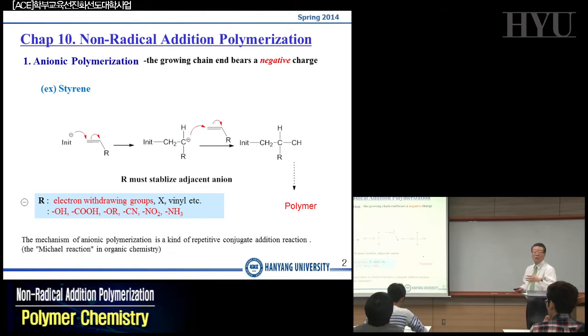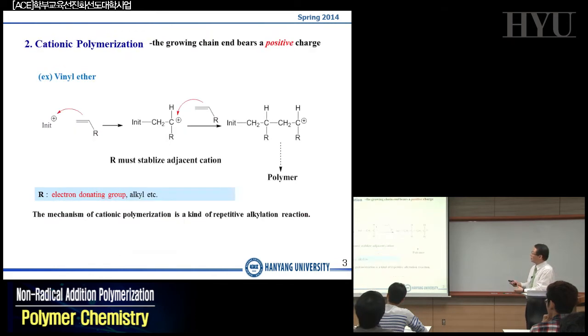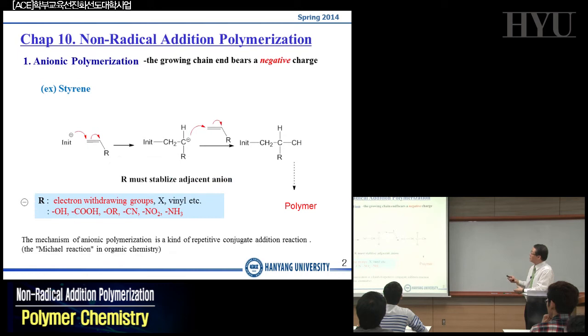So this way, we can differentiate the anionic and cationic polymerizations. Of course, the chain end is different. In the cationic polymerization, you should have a positive charge, whereas in anionic polymerization, you should have a negative charge at the end of your chain.